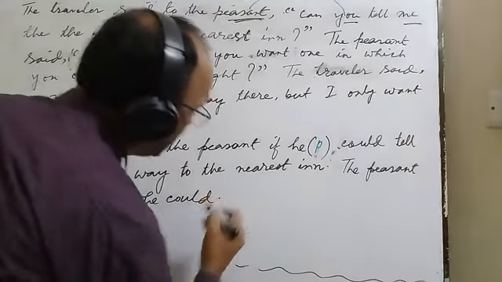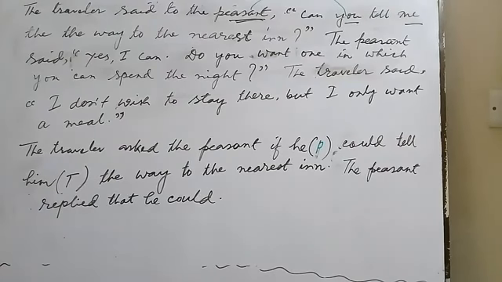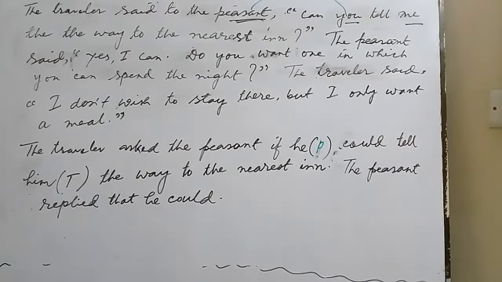Now you can write here replied in the affirmative, but the question is that he is writing the yes, that is, he is giving the answer to the traveler. Yes, he could. That is, he could means he could say the way to the nearest inn. Now you need not write, I think, extend it. You can write replied that he could tell him the way to the nearest inn.